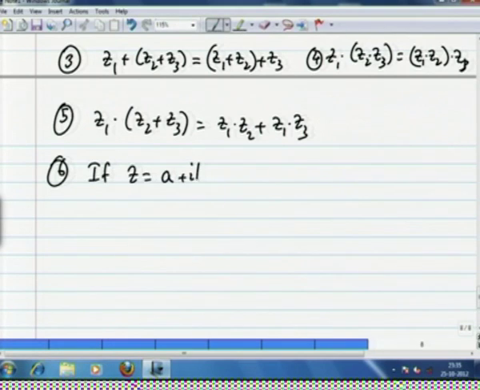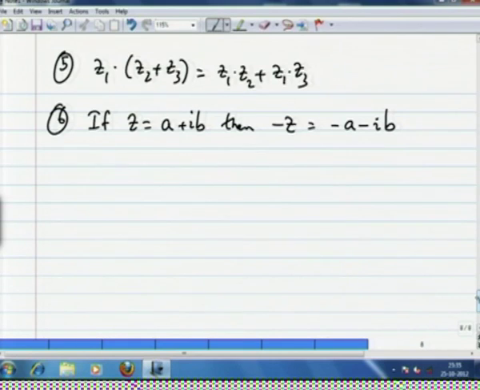And then if z is a plus i b, or x plus i y, let us say a plus i b, then minus z represents a complex number. So, this is a notation. Minus z stands for the complex number minus a minus i b. Then z plus (minus z), notice, is 0.